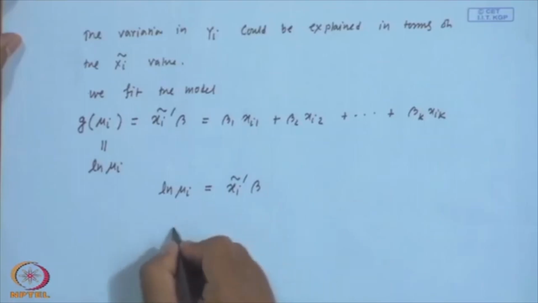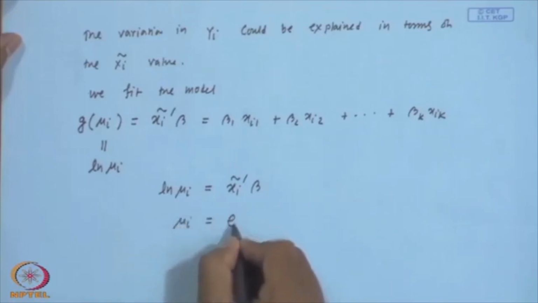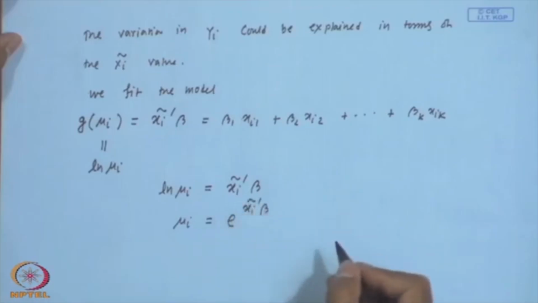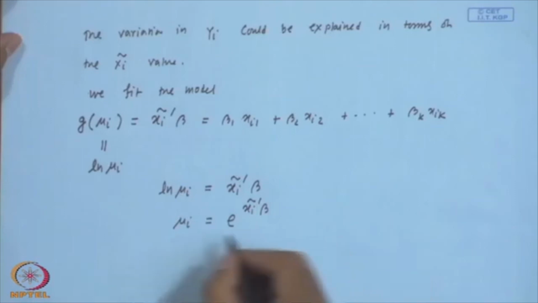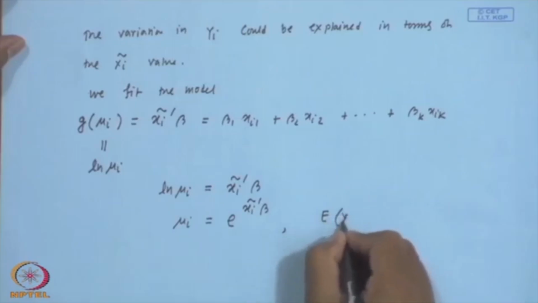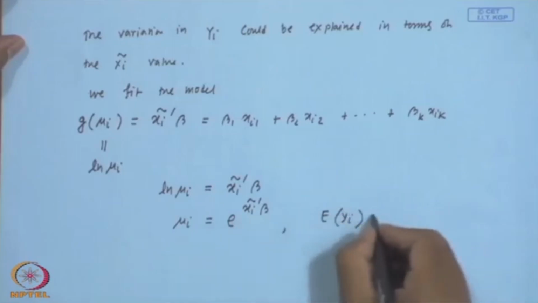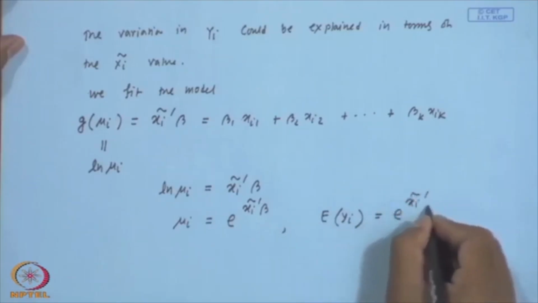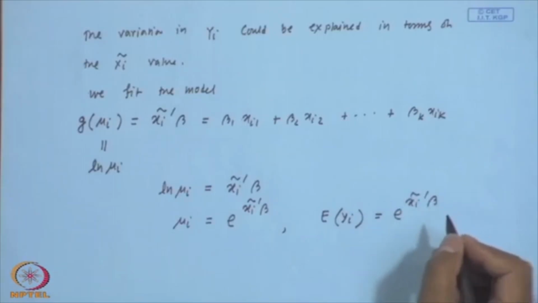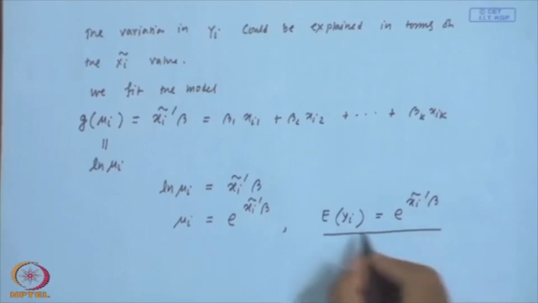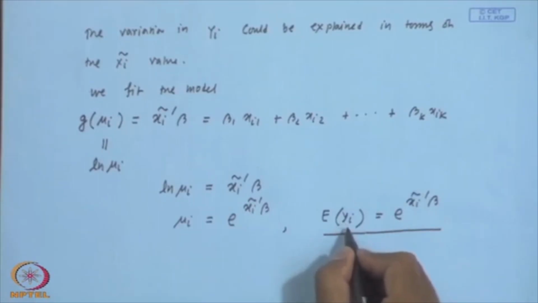So, this can be written as mu_i is equal to e to the power of x_i prime beta, okay, and which is nothing but the expectation of y_i. So, that is mu_i, which is equal to e to the power of x_i prime beta. Okay. So, this is the model we need to fit if the response variable follows Poisson distribution.